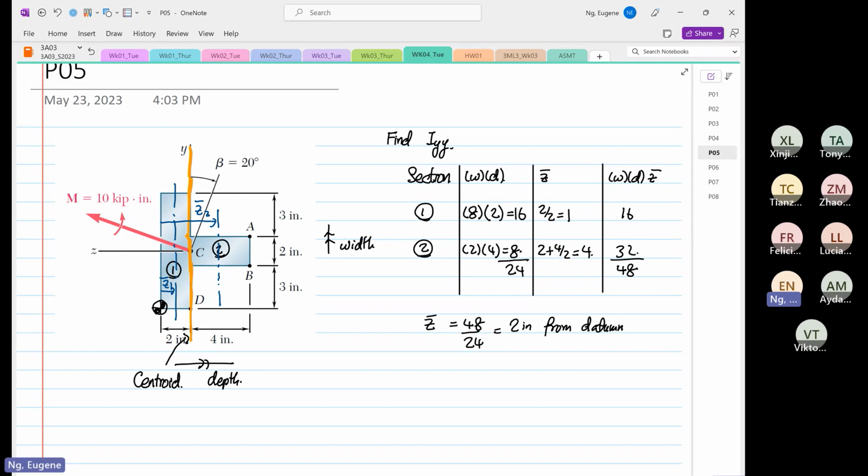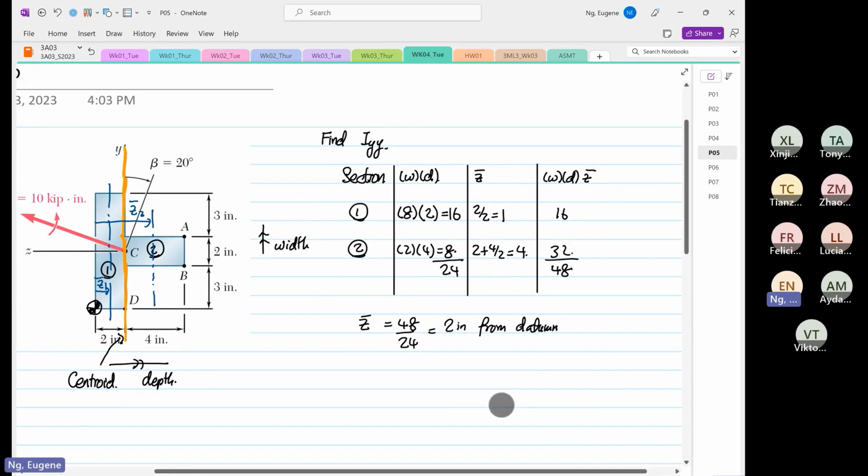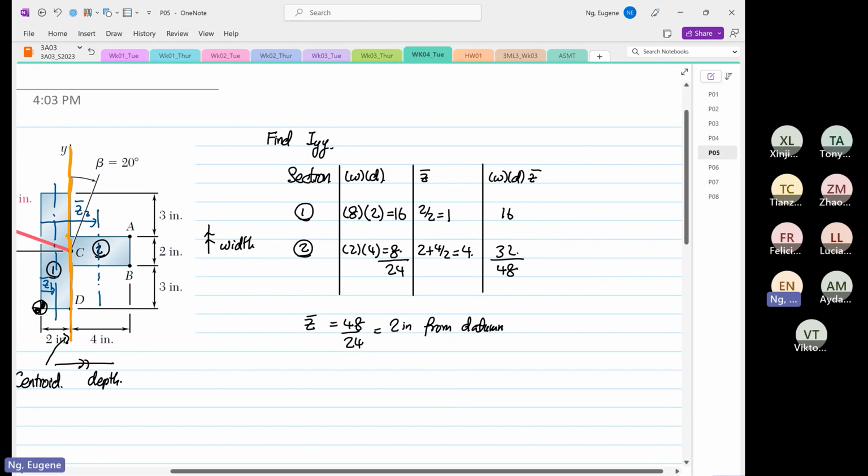Okay. So next we are going to determine IYY1 and IYY2. Okay. So IYY1, and I'm going to show you a method that you will not make mistake with. Okay.